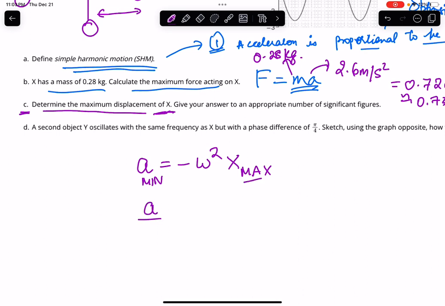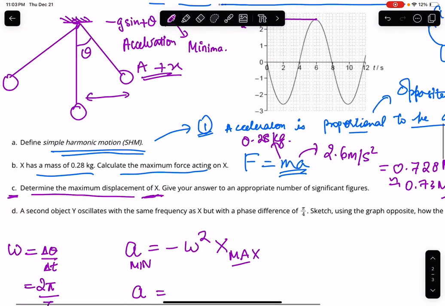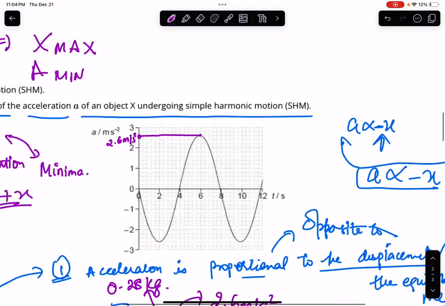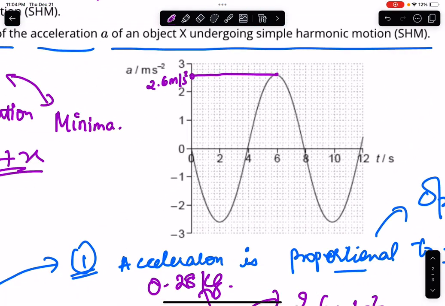So in this case we know that omega is simply delta theta by delta t, which becomes 2 pi divided by the time period. That's what omega ends up becoming. Now we need to find the time period, which we can simply get from the graph.